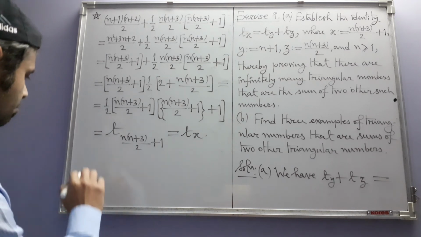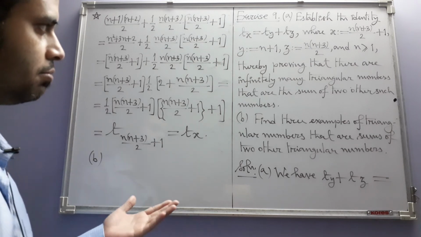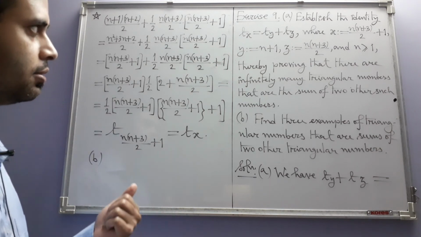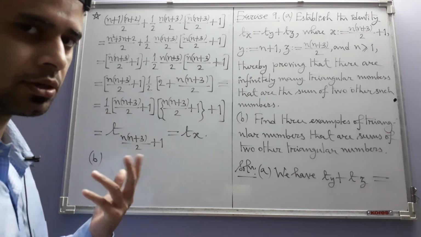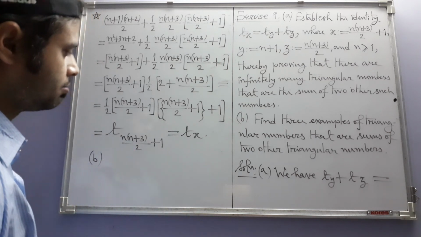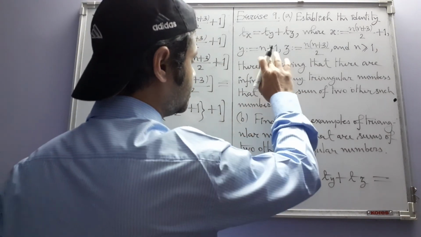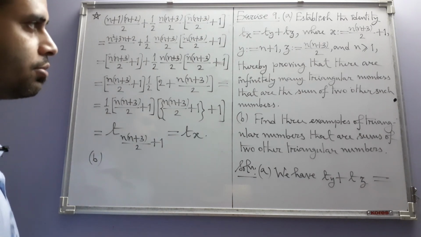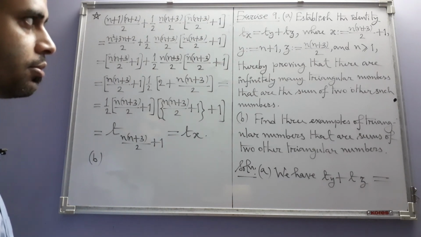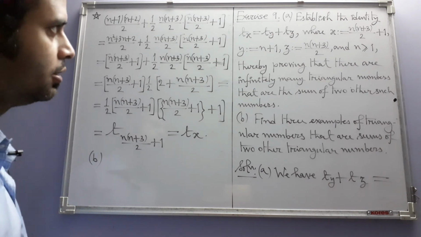Then in part B we have been asked to find 3 such triangular numbers which are sums of 2 other triangular numbers. So you can find such things by putting small values of n. Since we have to find 3 examples, we will put n equal to 1, then n equal to 2 and n equal to 3.